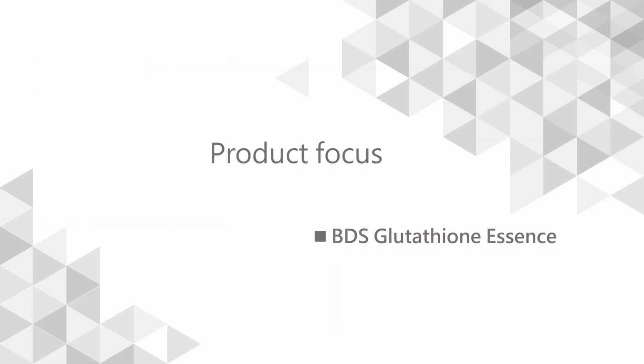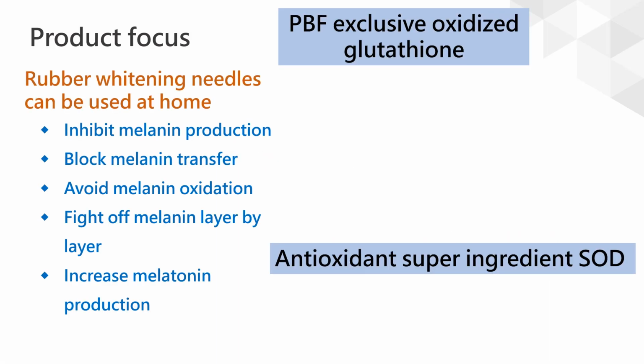So this is the overall product summary of our BDS glutathione serum. In summary, our serum can be effectively used at home without having to use glutathione serum injections because it already has the effects that the injections have in whitening our skin complexion. As I have discussed, all the skin darkening factors are targeted in our BDS serum, such as its action in stopping melanin production and increasing melatonin, which is similar to the action of a glutathione injection in whitening our skin.